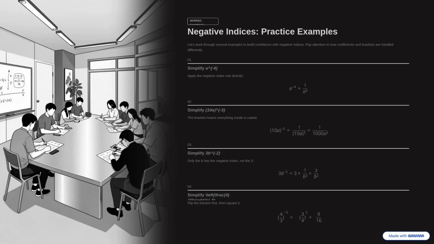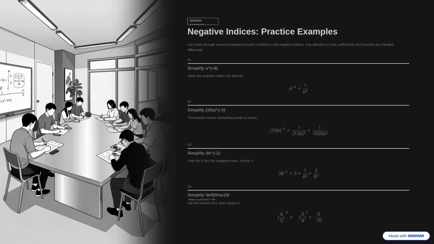Now we go on to example 3 and 4. Example 3 is 3b to the power of minus 2. Here's the sneaky bit. This is important. Only b has the power of negative, not the 3. So we keep the 3 where it is. We flip the b into the denominator with a square.